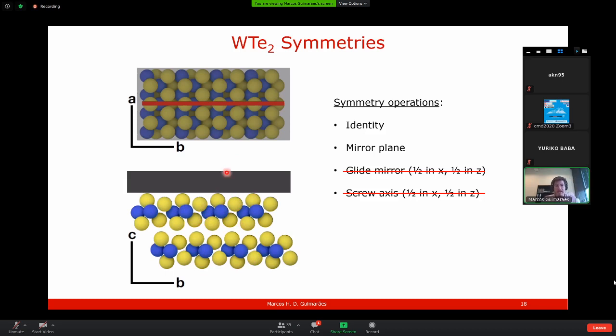Of course, at the interface especially, you can't discard, for example, the exchange fields, and this could indeed cause some change in your spin-orbit torques.